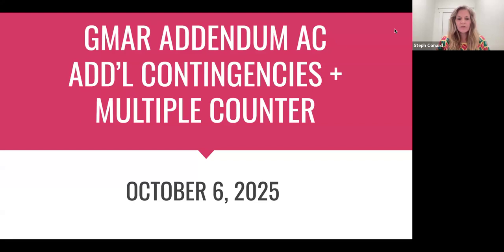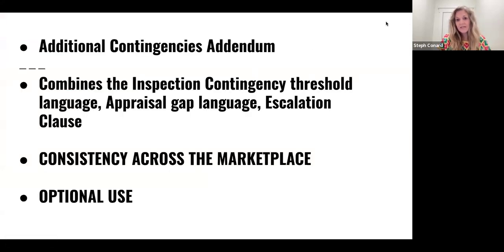So again, the GMAR Addendum AC is that additional contingencies addendum that the GMAR created a few years ago now. I've had the same training ever since they adopted it. It's a little bit unnecessary to introduce this piece of it, but I do like to talk about the history of it.